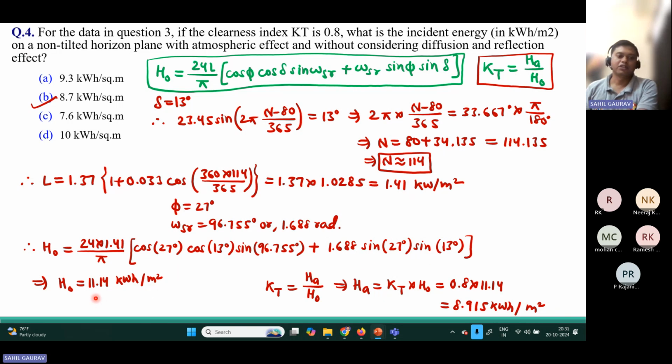So you will get H naught equal to 11.14 kilowatt hour per meter square. The clearness index value is H_A upon H naught. So H_A, the incident energy with atmospheric effect, will be 0.8 into 11.14, that value is 8.915 kilowatt hour per meter square.